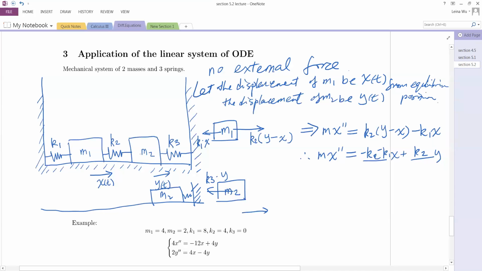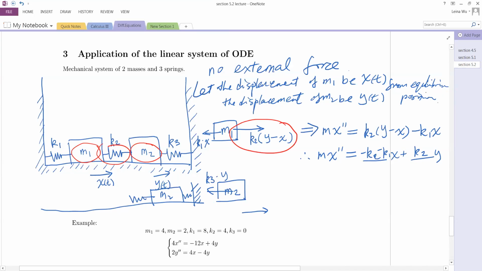And the other force will be coming from the second spring, right? The second spring has a certain force on M1 and a certain force on M2. They should be the same in magnitude, just in a different direction.